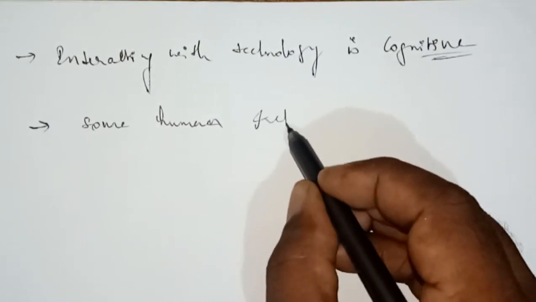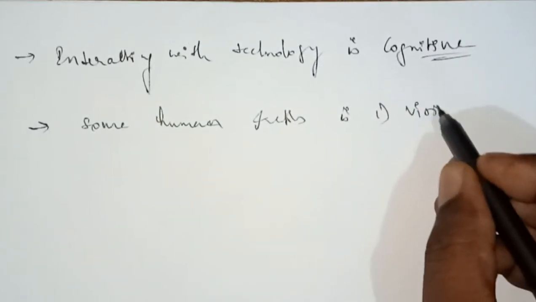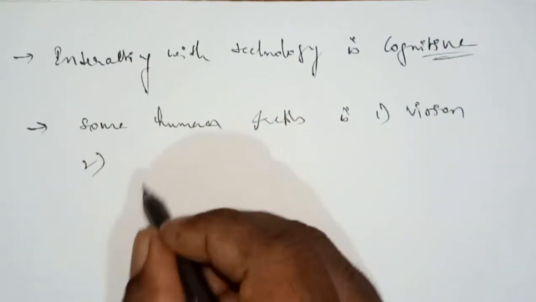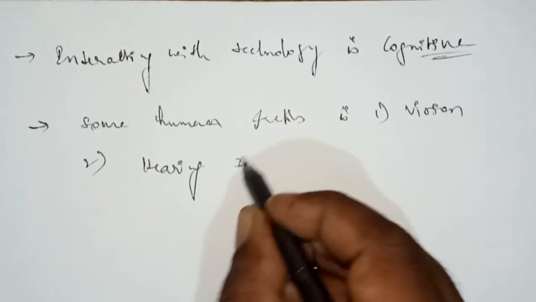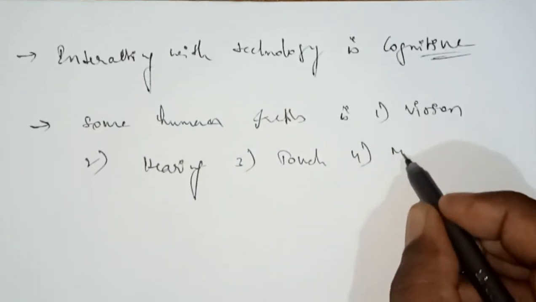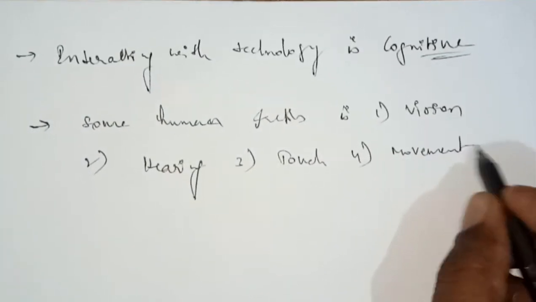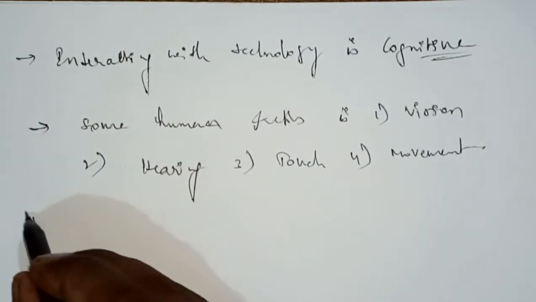Some human factors that ought to be considered are, first one, vision, next one hearing, next one touch, and movement.